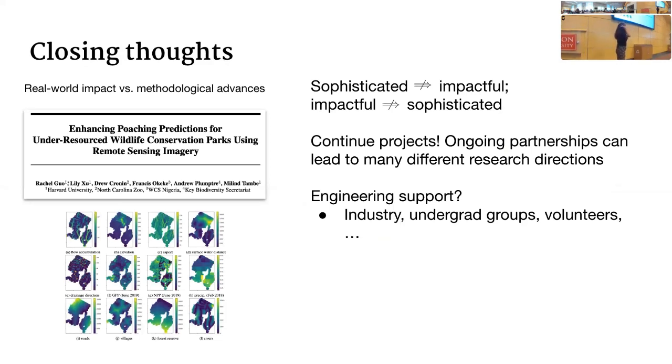So I'll just quickly close by emphasizing one point here. The research that is sophisticated from a methodological perspective is not necessarily the most impactful, and the work that is most impactful is not necessarily the most sophisticated. So that is really emphasizing the methodological versus the impact Pareto curve.